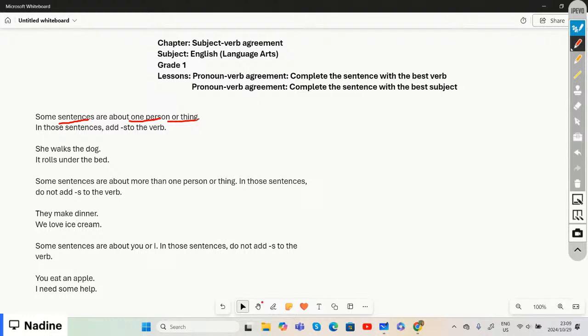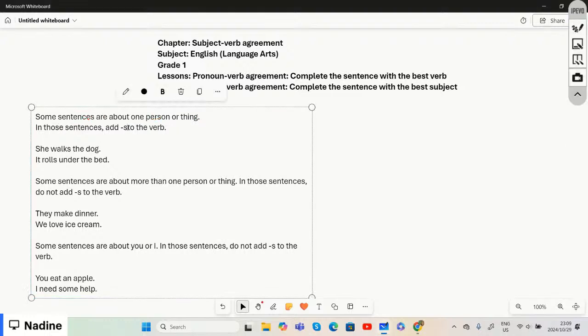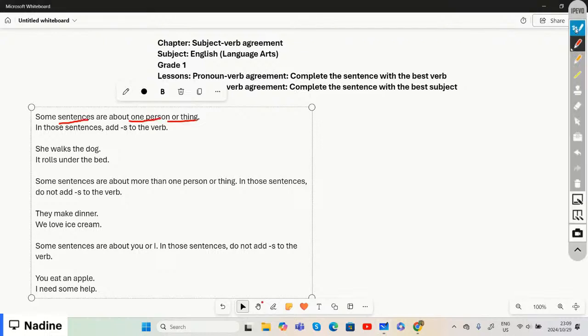If we have a sentence where it is about one person or one thing, then in those sentences we add an S to our verb. We are going to make examples of it so that you can see what we specifically mean.